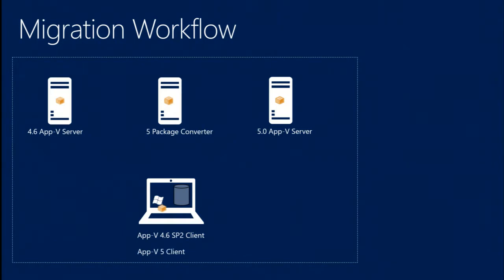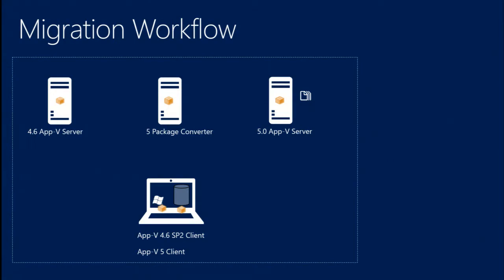Now, on the client, you're going to install 4.6 SP2 alongside App-V 5. Those 2 versions of App-V can coexist, and they work together so that you can deploy a 4.6 package and then basically transition it over by publishing it out from the App-V 5 server.